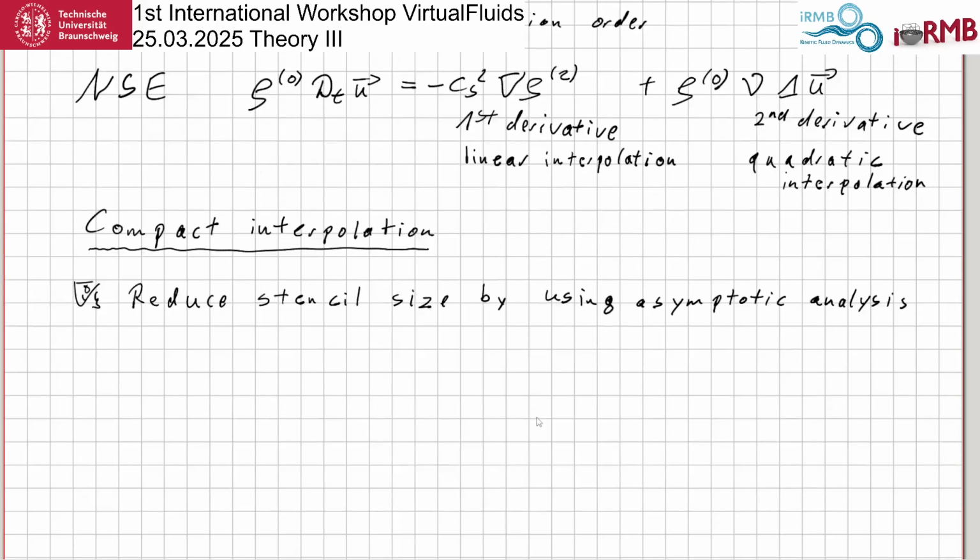Okay, let's just get into the methods. Our interpretation of the Lattice-Boltzmann method is that it's a collocation method.